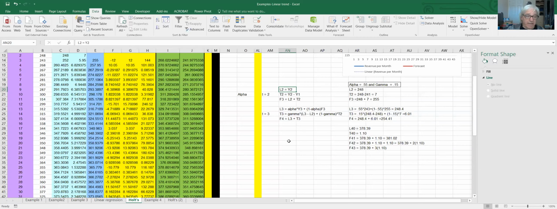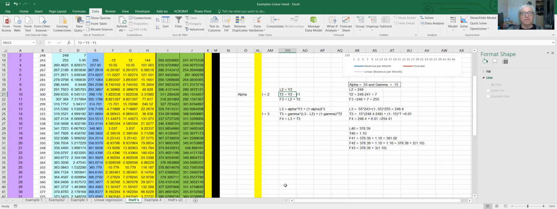So L2 is Y2, because this is what you have at period number 2. You need to start somehow related to the information you have collected. Why don't you use Y1? Because you are in period number 2 already. But you use Y1 for the trend. The trend is just the local slope.